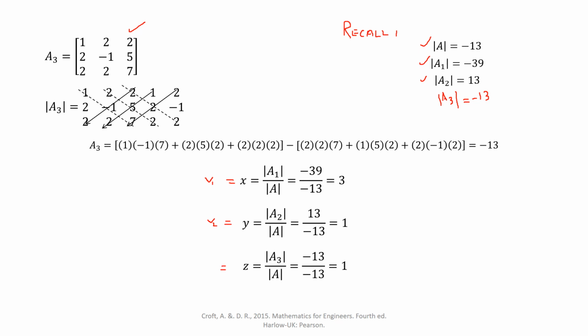And this is V3. So A1, A2, A3 determinant, and I think here is a little problem. 13 divided by minus 13 is coming minus 1, so this is minus 1.